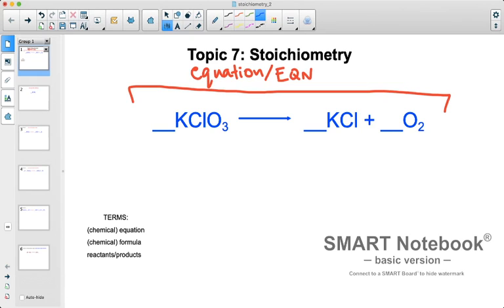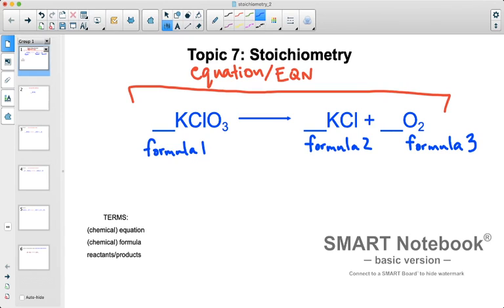So in this chemical equation, I have a formula here. I have a formula here. And I have another one here. And formulas can be compounds, can be molecules, can be elements. What it really is are just the symbols that represent our elements, and it tells us how many.